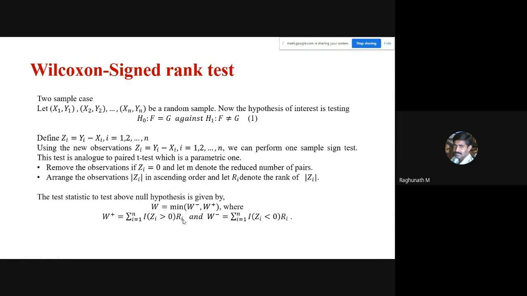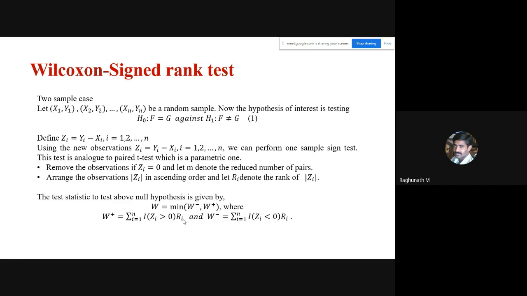W plus means you take all the positive observations' ranks and take their sum. You take all the original negative observations, I'm not talking about the absolute value, the original negative observations, you take their ranks and their separate sum.